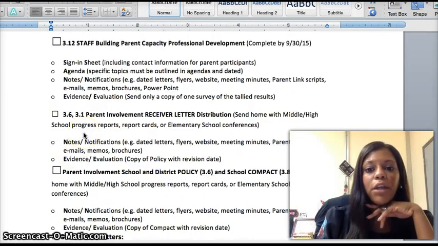Your parent involvement receiver letters that will go out during conference week need to be placed in 3-6 of your parent involvement notebook. Many of you have several items that are translated. If any of your items are translated, please put those translated items into 3-1.